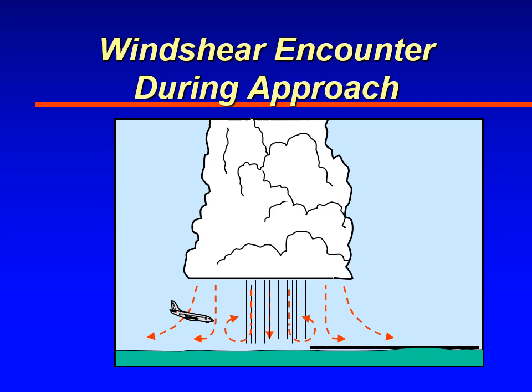Our final inadvertent wind shear encounter scenario that we will discuss is airplanes that are on final approach coming into land that will experience shear as they approach the airport.